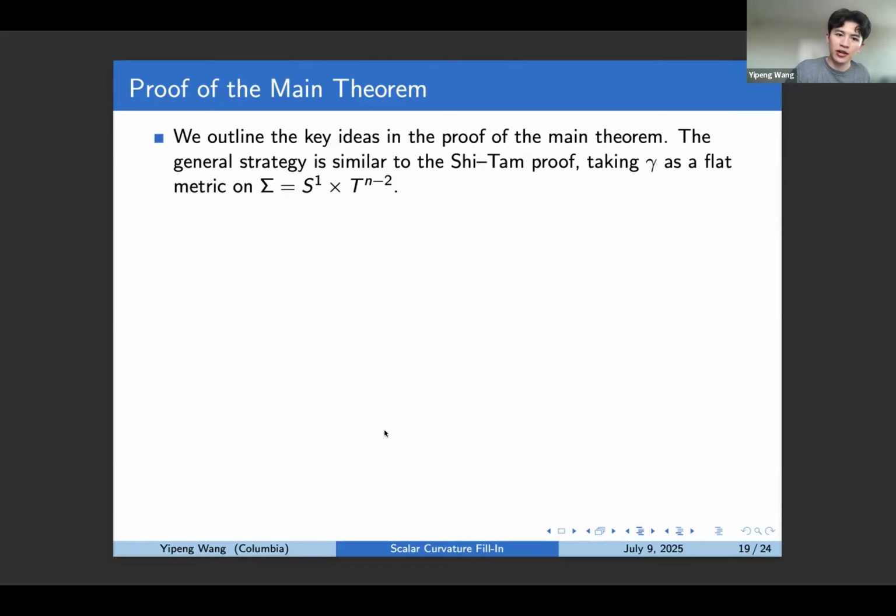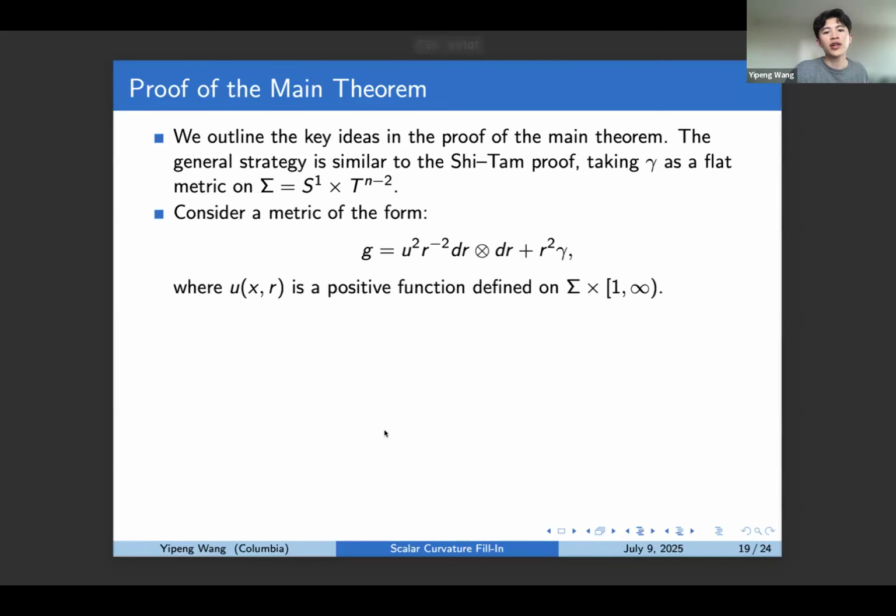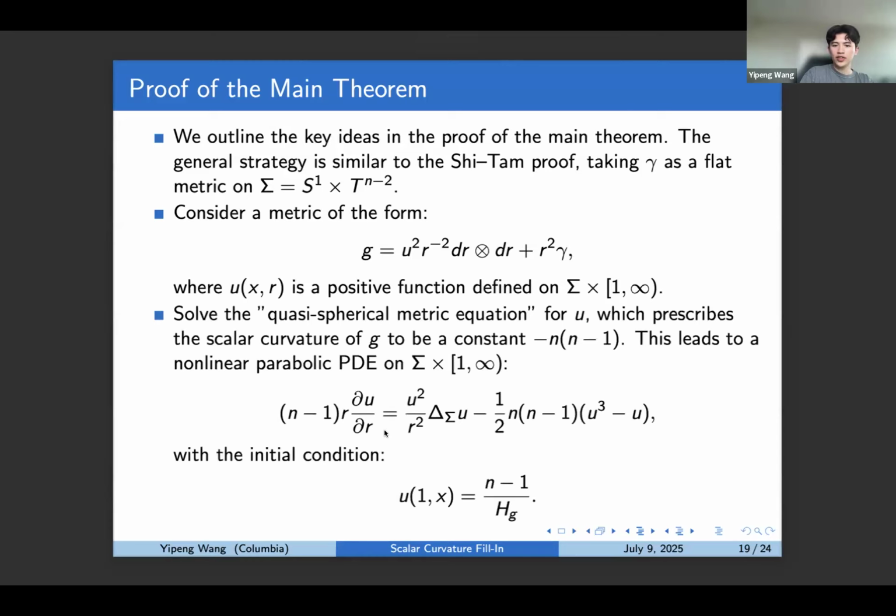You start by fixing a flat metric on the boundary torus, and then you consider a metric of the following form, which is given by this warped product with an undetermined function u on these outside regions, sigma times 1 to infinity. In particular, if u is exactly 1, then you just get back the model metric.